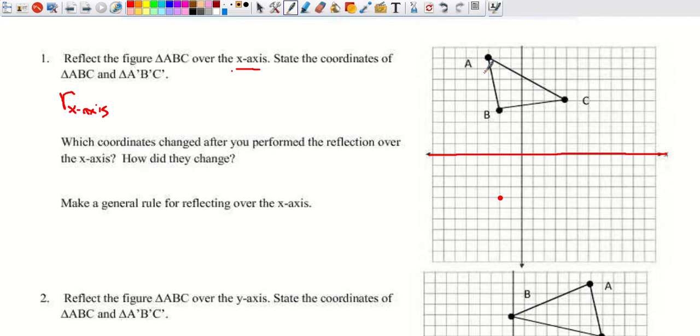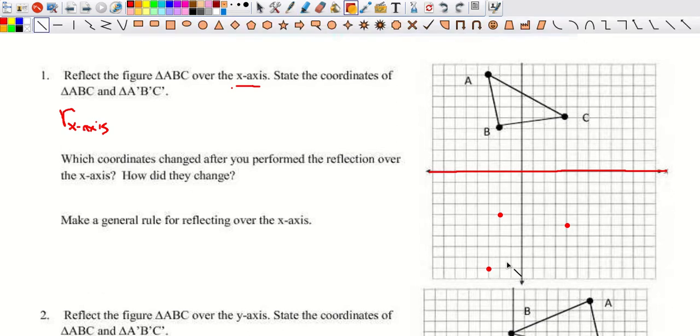A is 1, 2, 3, 4, 5, 6, 7, 8, 9, so it's 9 on the other side. And C is 5 units away, so I go 5 units on the other side. Once again, we started with a triangle, so we want to make sure we end up with a triangle, and we get this shape back.